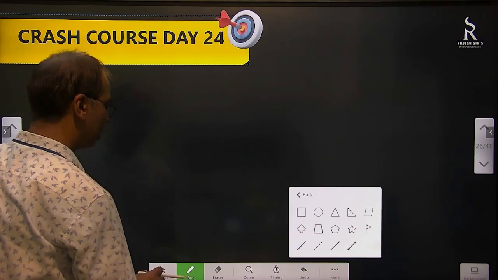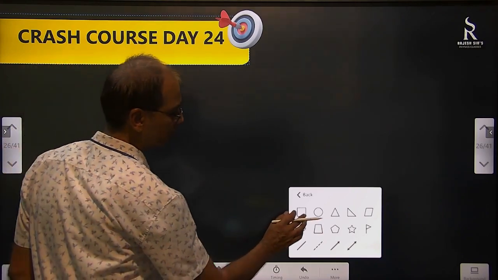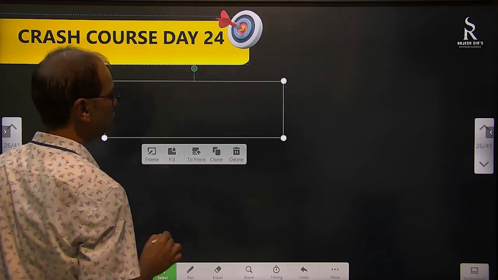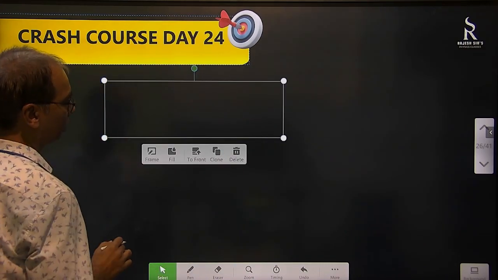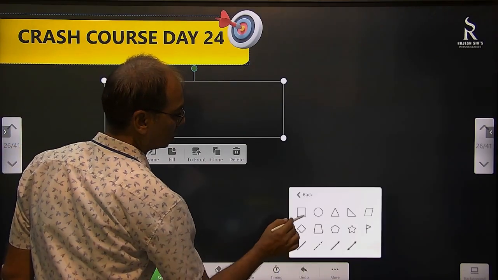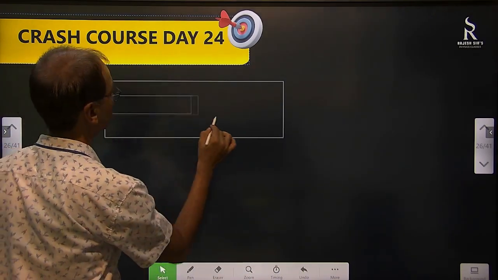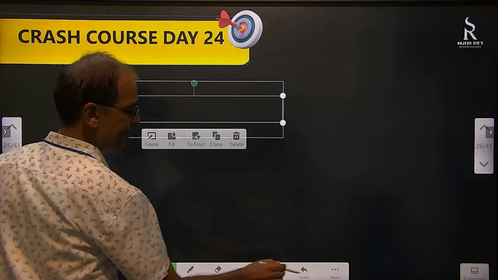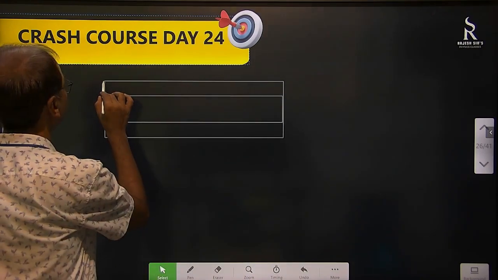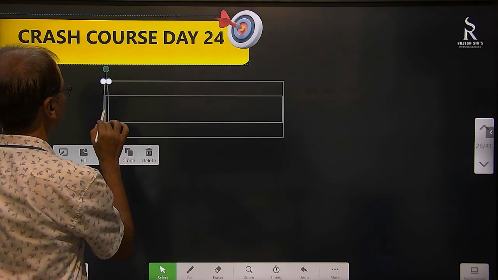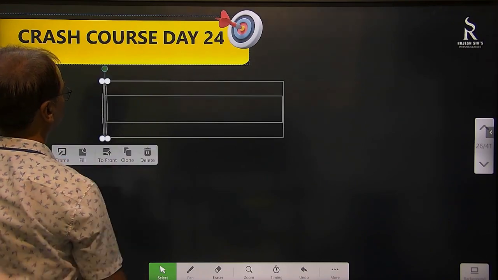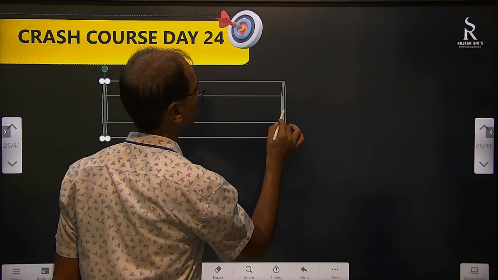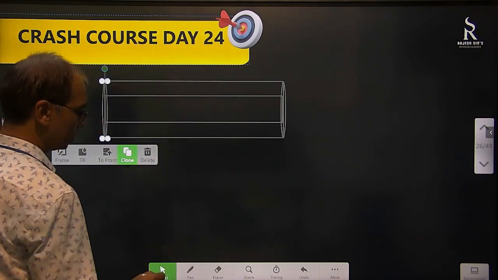One bigger one, and inside this, one smaller one of the same size. That will be challenging. Okay, fine. Smaller one.